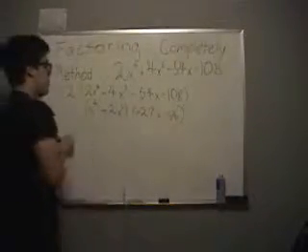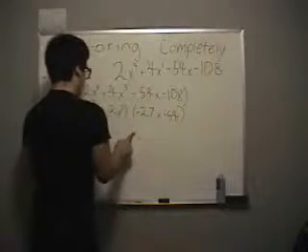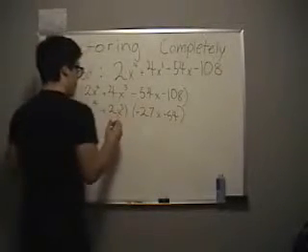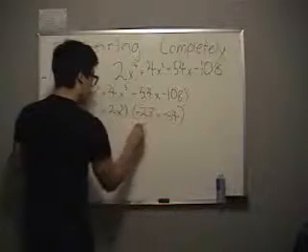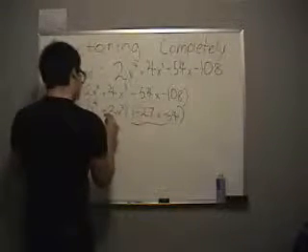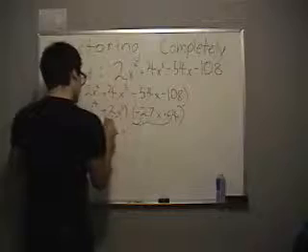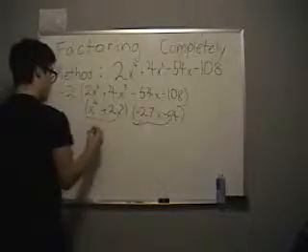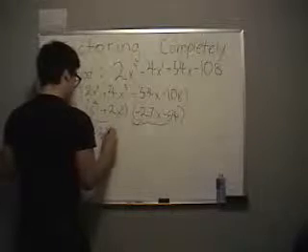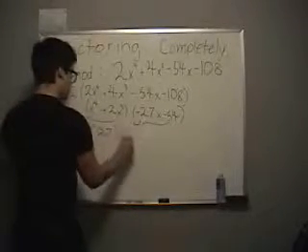For the first group, the common variable would be x cubed, since both terms in it have x cubed. And for the second term, it would be negative 27, since negative 54 and negative 27 both share the same term.